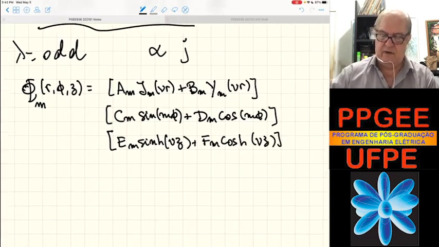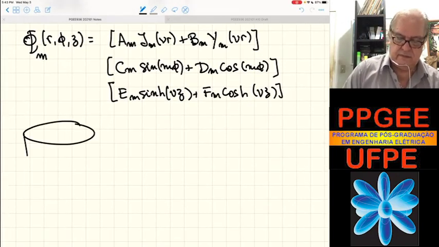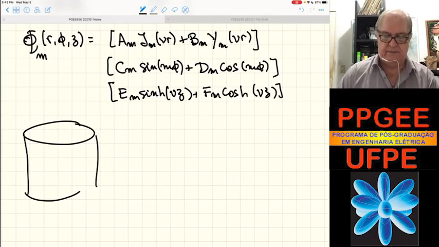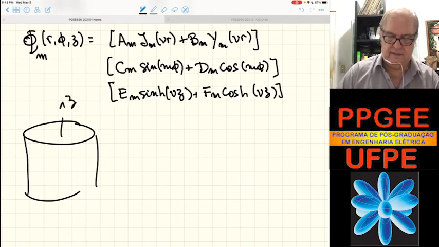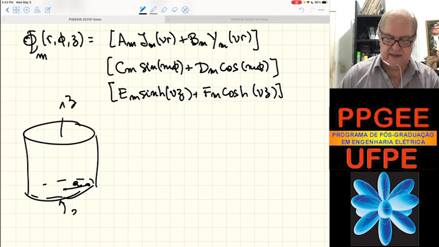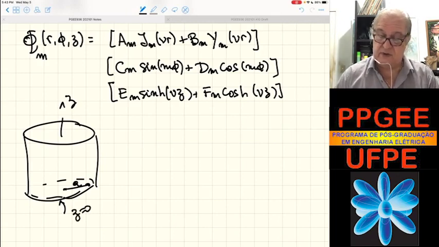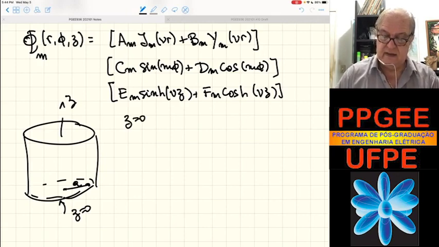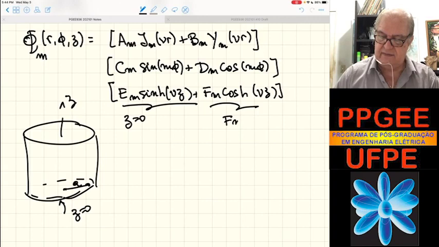If you look at the problem, I'm going to just draw here quickly the z axis. The potential is grounded at z equals 0. So we have to ensure that at z equals 0 this function here is 0, but this one is equal to Fm.